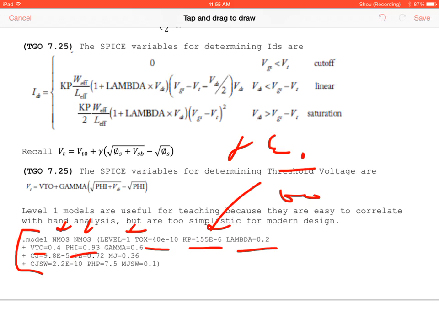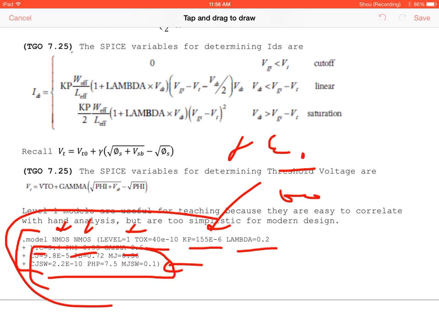Initial threshold voltage, your phi, your gamma values, and then you have your junction capacitances. And you can use all that to write a model in there, and pretty much every single one of these values you've calculated at some point in class. So you can actually create your own level 1 model at this point.